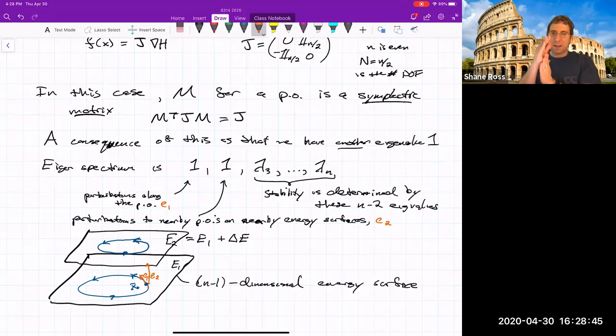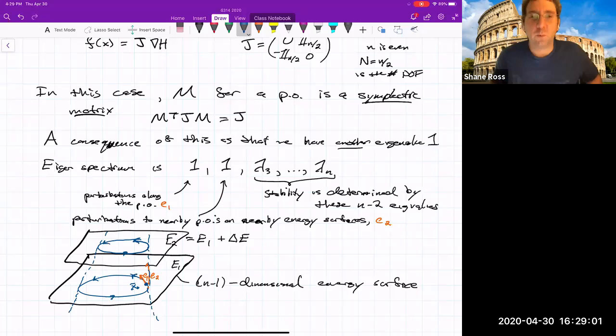E2 points to nearby energy surfaces, in fact periodic orbits along that nearby energy surface. So if we were to plot, there could be a whole continuous family of periodic orbits, one periodic orbit on each energy surface.